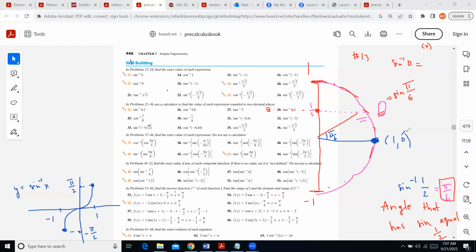And that's exactly the sine coordinate of angle equal to 0, because the sine coordinate is my y coordinate, right? So it is right here. And that means that if I take arcsine, it's going to be also 0.